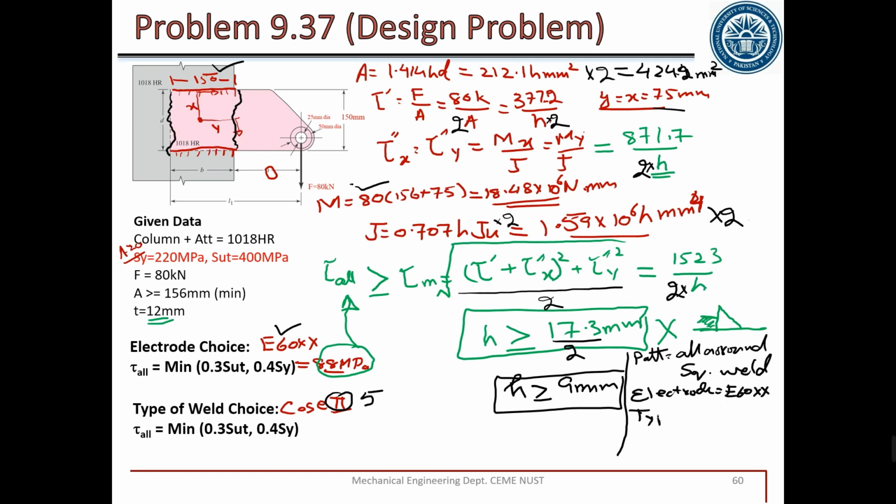Which type of weld? Fillet weld. What is the length of weld? 4 into 150 mm, equal to 600 mm. Size, 9 mm.